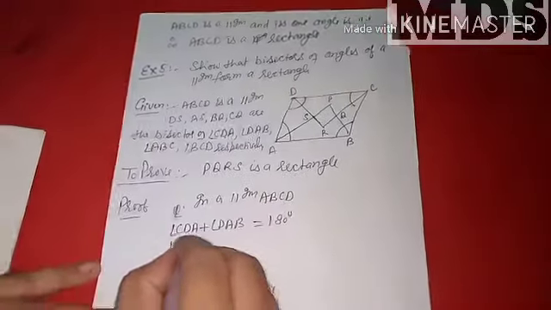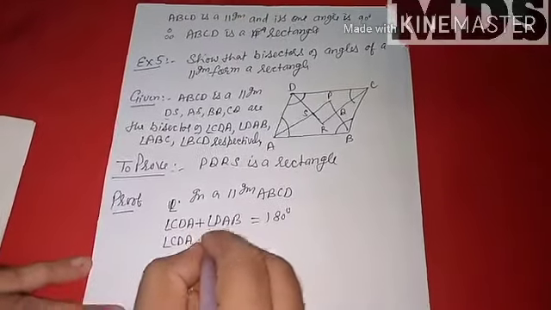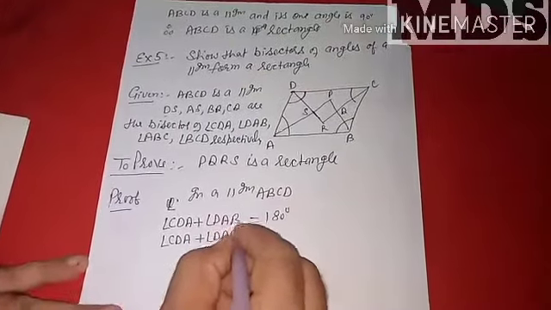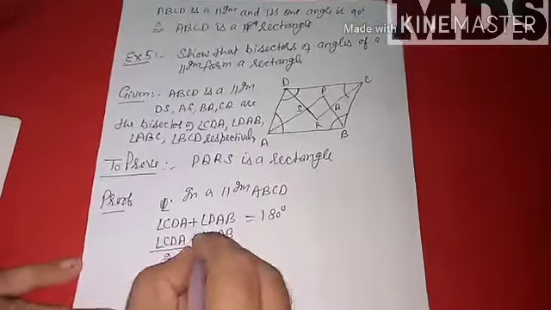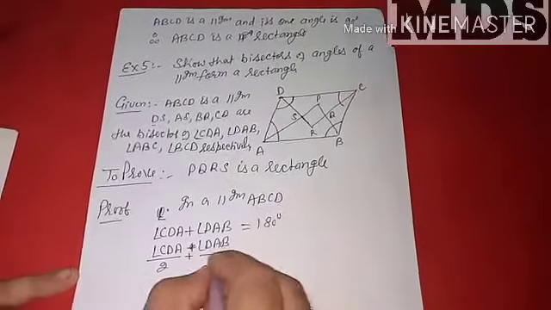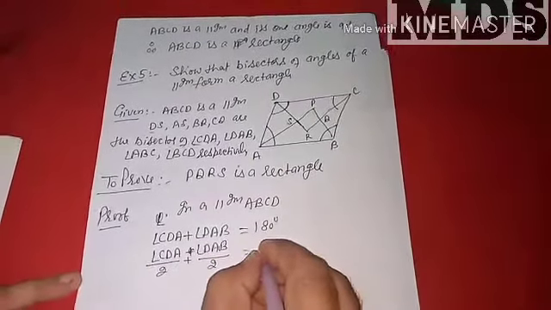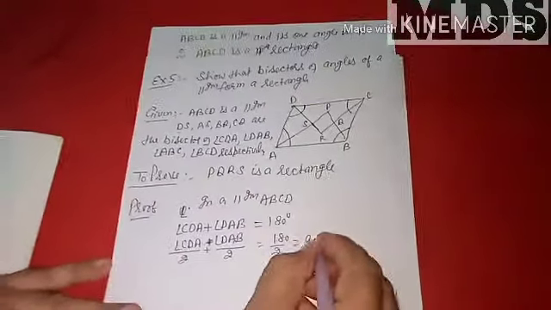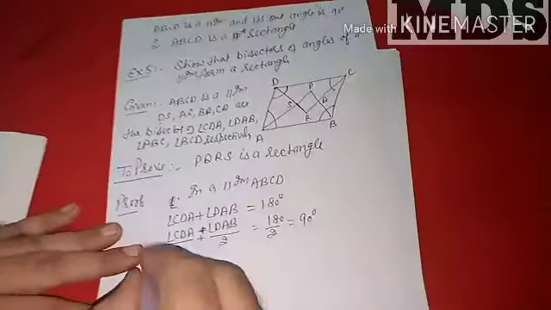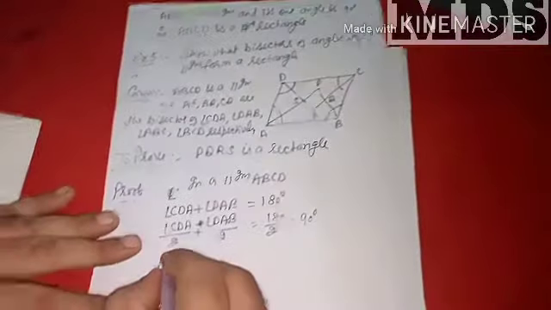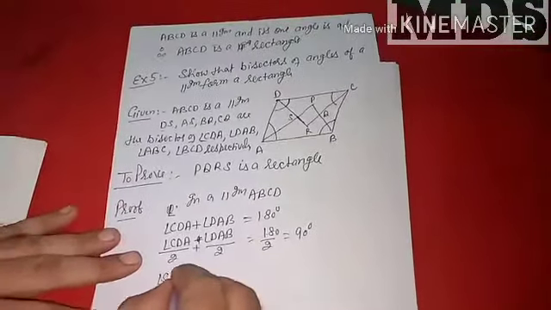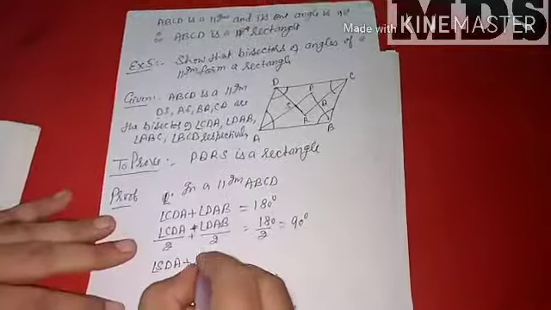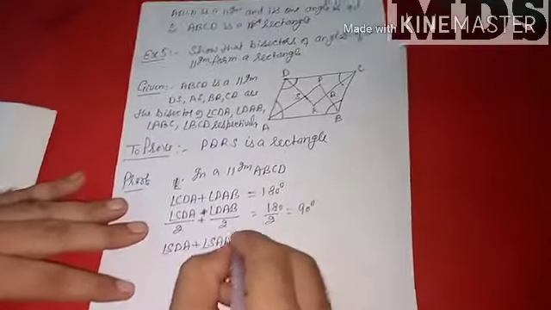So half of this, CDA plus DAB divided by 2. So plus sign here you can write divided by 2, here also divided by 2. 180 by 2, how much? 90 degrees. So half of this means angle SDA plus angle SAD is equal to 90 degrees.